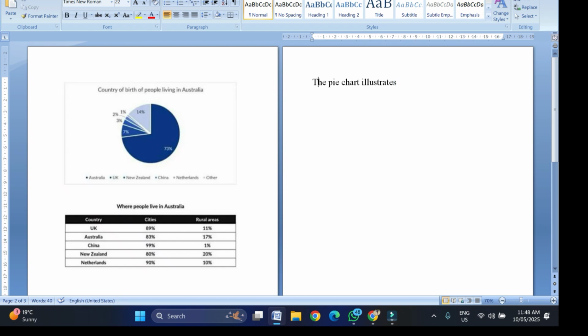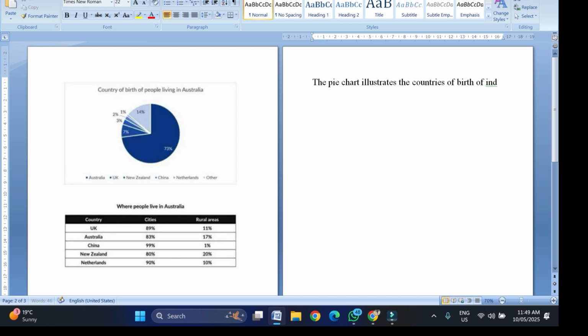If there are two pie charts, then you will write illustrate. Don't add s or es after the verb. Depicts, reveals, elaborates. There are lots of options. Try to use different keywords every time. Simple. The pie chart illustrates the countries of birth of individuals.